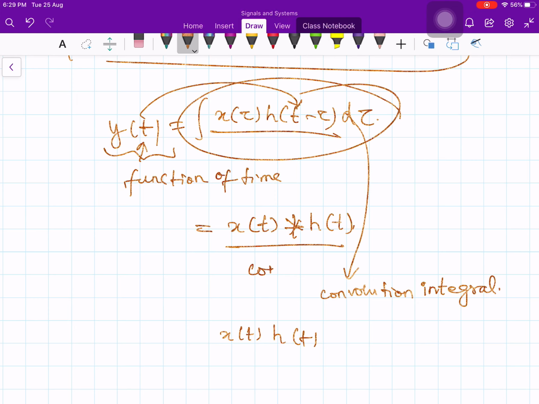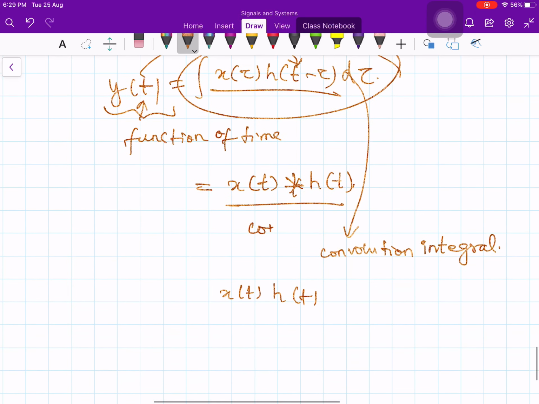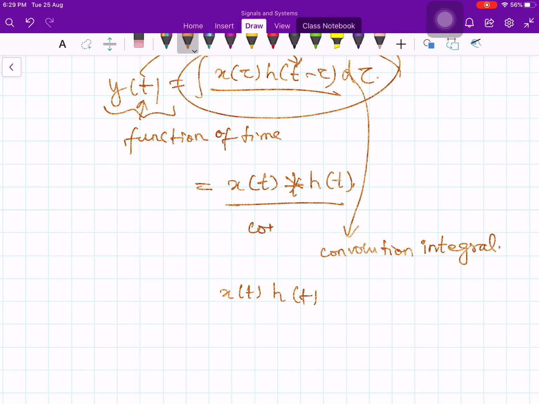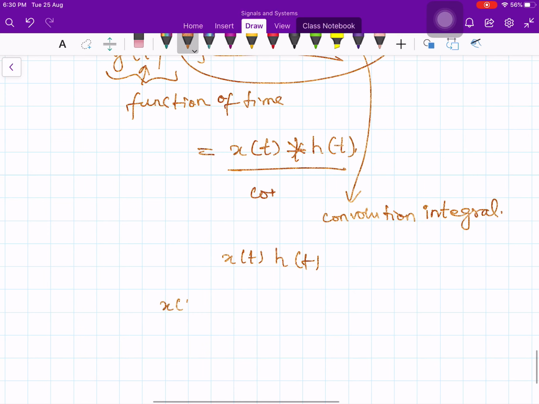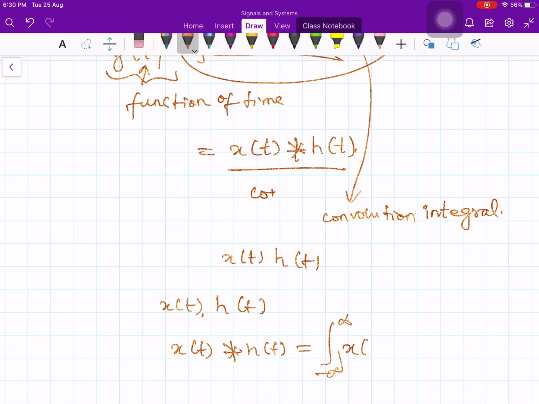So we will come back to the impulse response and the calculation of y of t, but let us spend a few minutes on the meaning of the convolution integral. The convolution integral of two quantities, let us say x of t and h of t, is written as x of t convolved with h of t, which is x of tau h of t minus tau d tau.